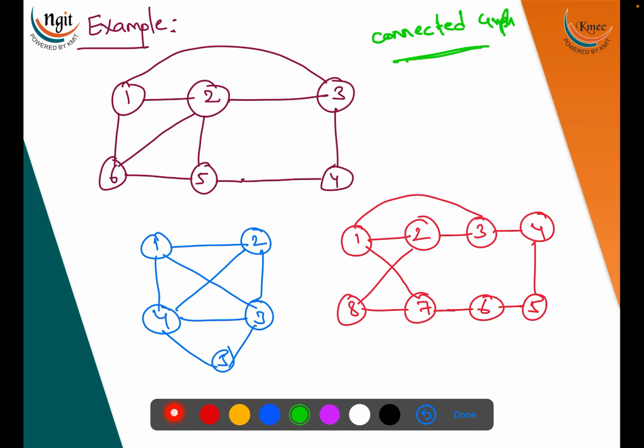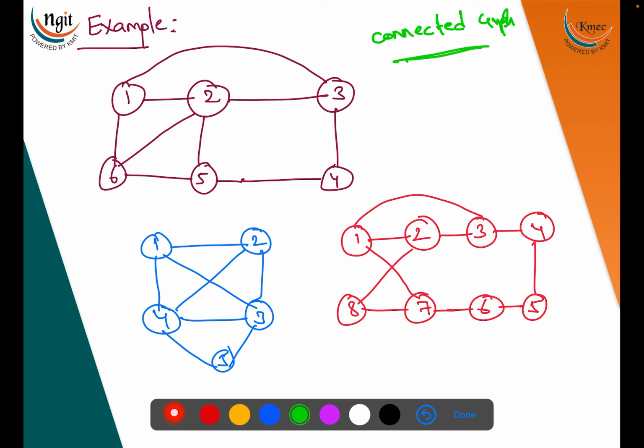This is a connected graph, where I have different vertices with connections from one vertex to another. Do I have any Hamiltonian cycle from this graph? Let's find it out. How many Hamiltonian cycles will you get from this graph?